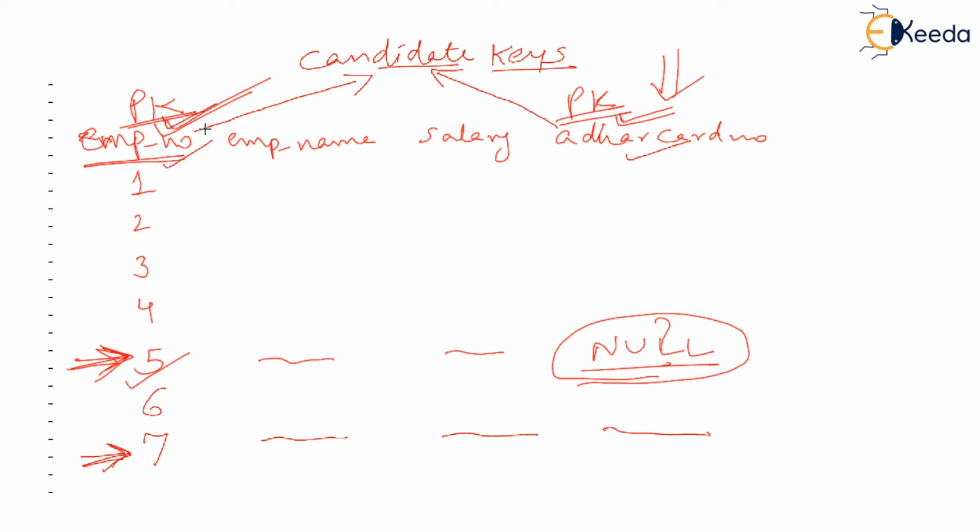Employee number is also shouting that I want to be primary key. Aadhaar card number is also shouting that I want to be primary key. Both are candidates contesting elections, and one of them is going to win. And employee number won, because it satisfied all the constraints that were imposed on the person contesting the election, isn't it?